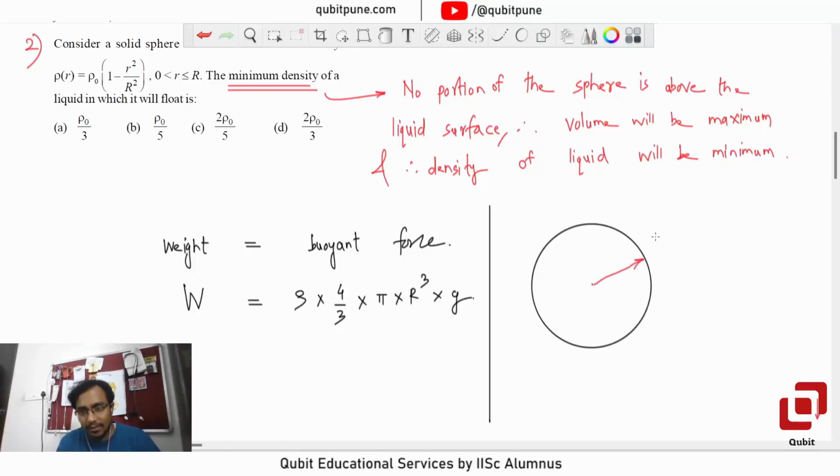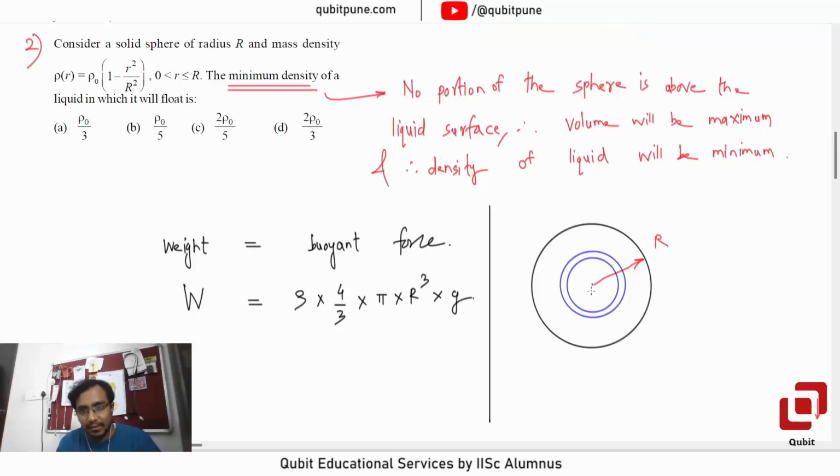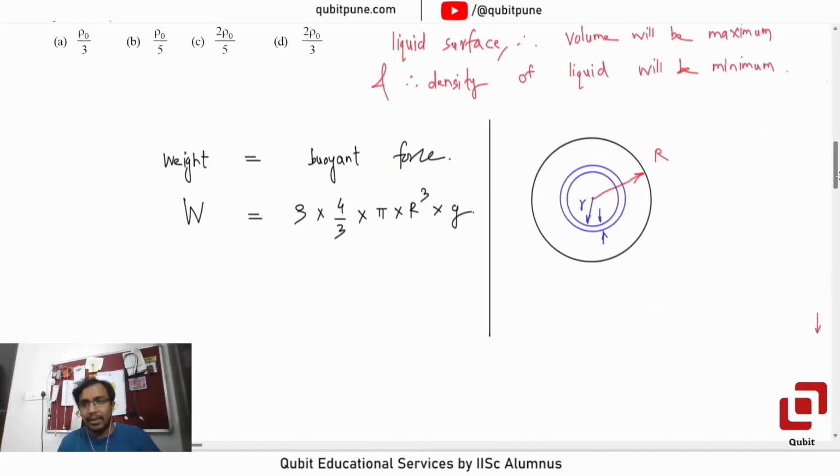This is our radius capital R. Now suppose I consider a shell of radius r and thickness dr, then what will be the elementary volume?